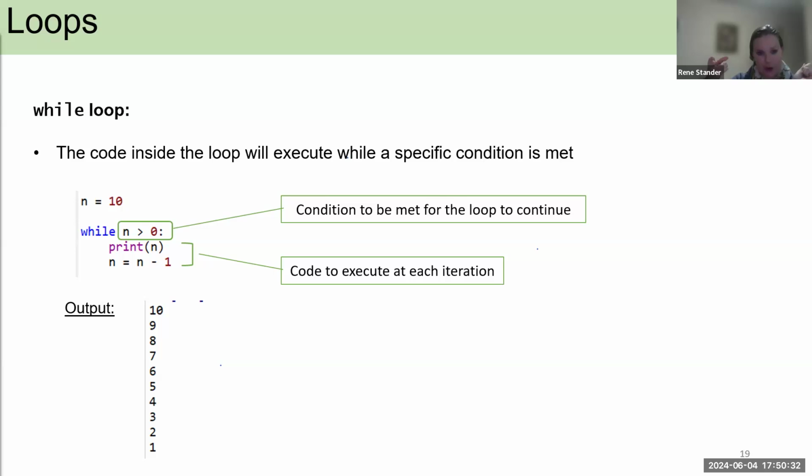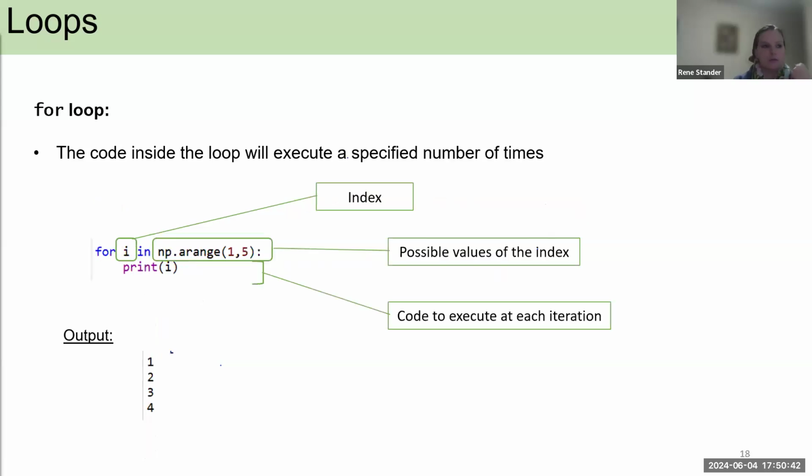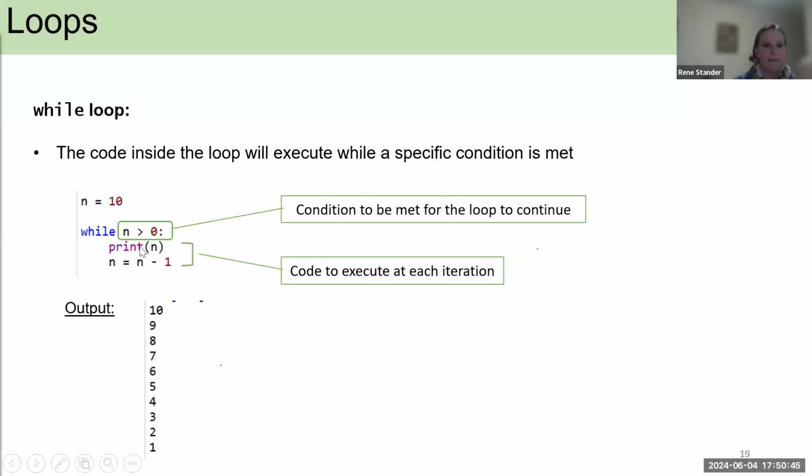And then again, the colon, and indented under that, the code that executes at each iteration. And there it's important to update so that the condition can be met at some point.